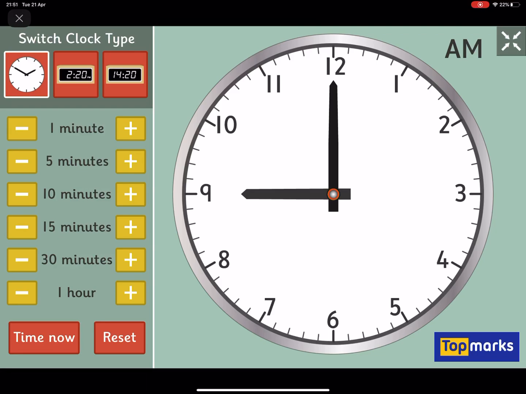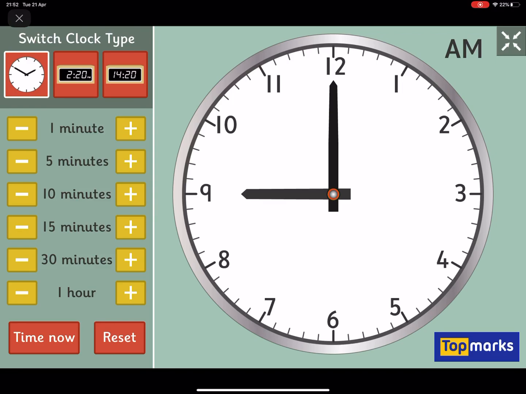So on here you can see that the hour hand, the short hand, is pointing to the 9, and the long hand, the minute hand, is pointing up to the 12. Anytime you see the minute hand pointing up to the 12, it's an o'clock time. And because the hour hand's pointing to 9, you can see that it is 9 o'clock.